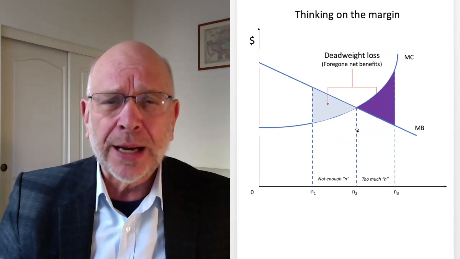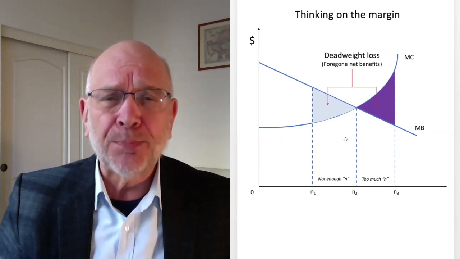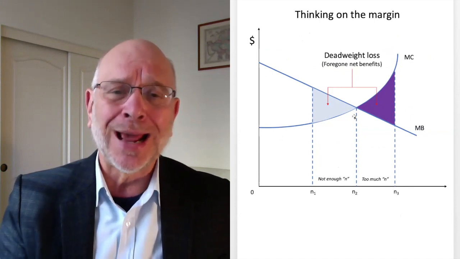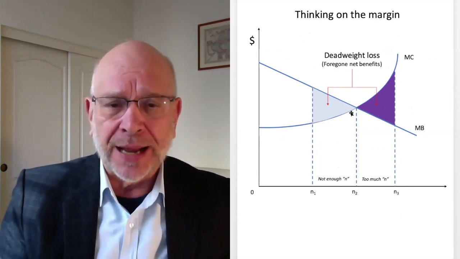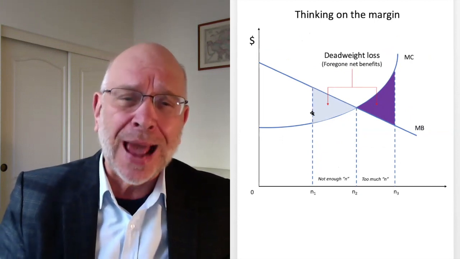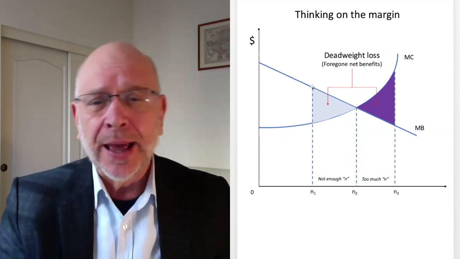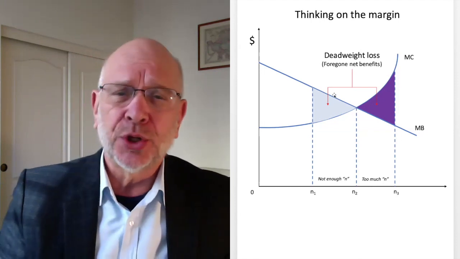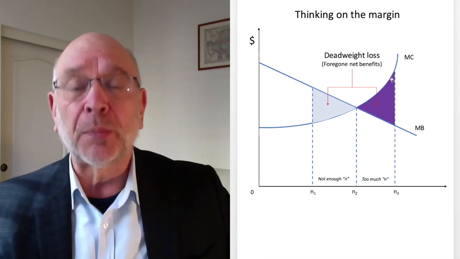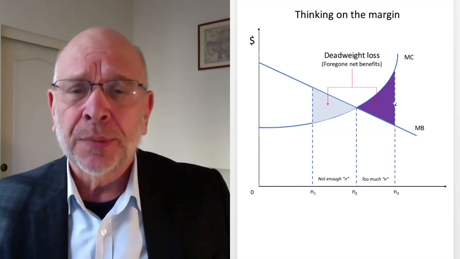And so N2 is in fact optimum. And if we were at N1, this shaded area represents the deadweight loss, which is a kind of foregone net benefit. Because at N1, we're foregoing the extra benefit that we would have had we extended out to N2. And the same reasoning applies if we're looking at this from the perspective of N3.